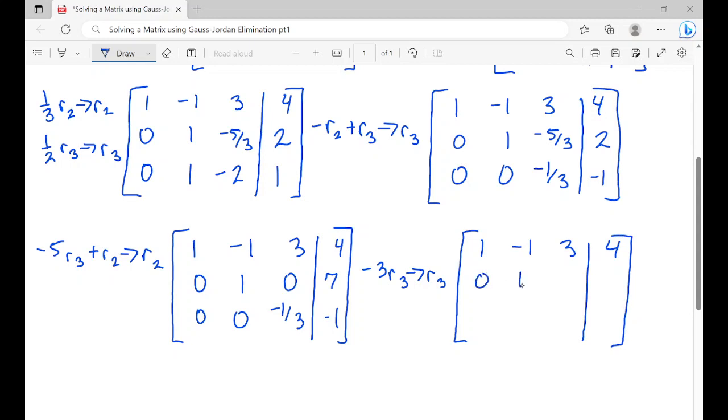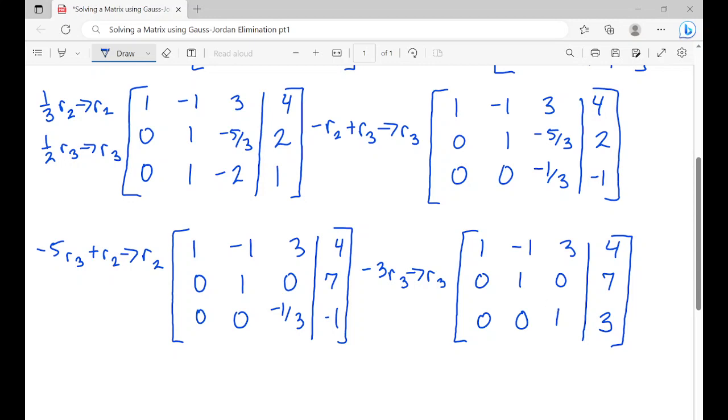And 0, 1, 0, 7. And then 0, 0, because anything multiplied by 0 is 0. And now -3 times -1/3 is a +1. -3 times a -1 is a +3. And so now we're done with row 3.